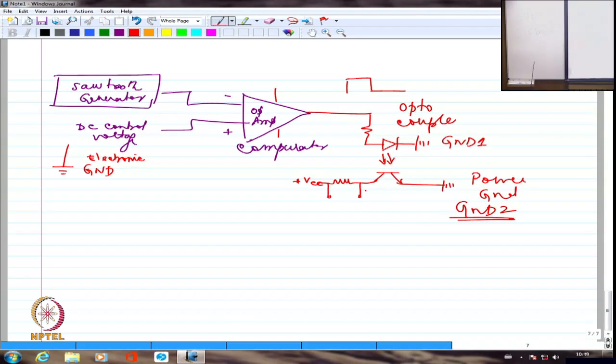So we should be able to get this to our gate circuit wherever we want to transmit it finally. Right? So this portion is completely electronic, whereas we still have to work on the power portion, which we have not started as yet. So much for the pulse generation and pulse transmission in the case of BJT or IGBT or MOSFET, and how the power ground and the actual electronic ground are isolated.